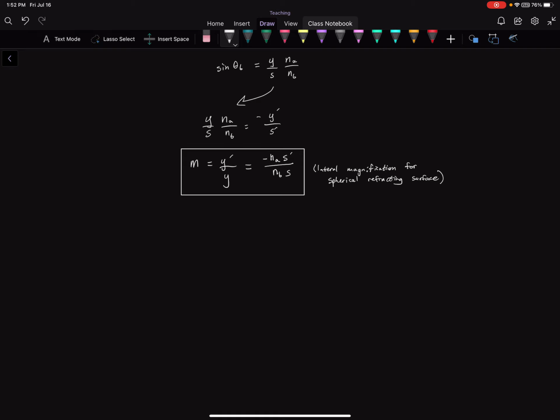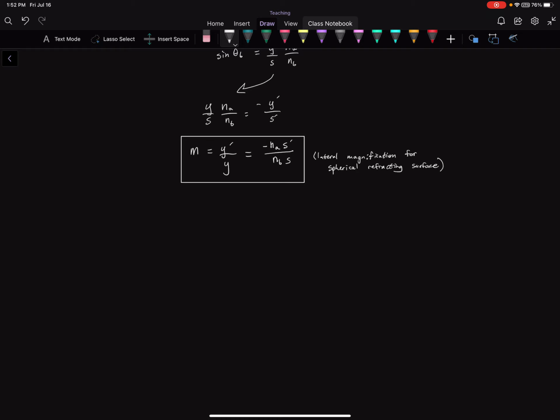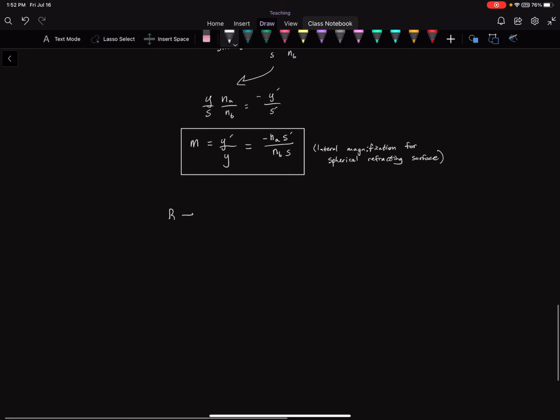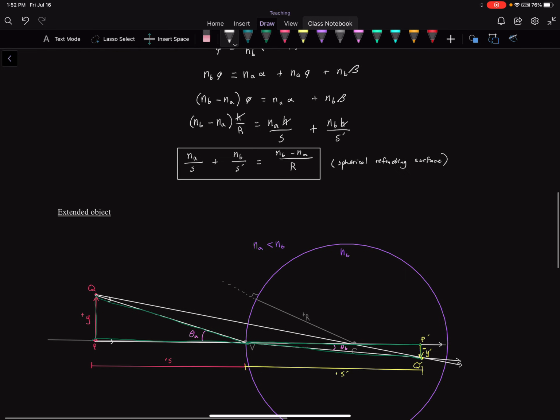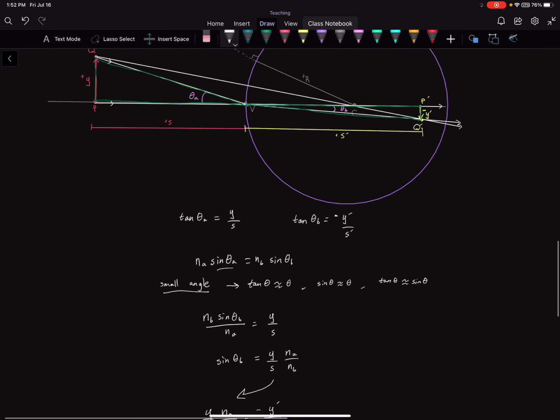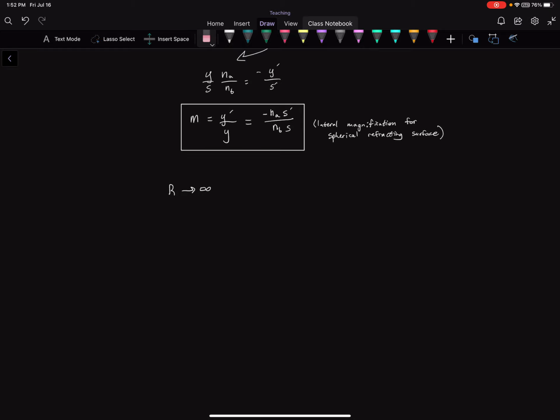So now we're going to do this thing again where we take r going to infinity. And so r going to infinity, and do you remember what that assumes? Taking r going to infinity we're looking at this guy here again. So I'll write that expression down here. And what is it?